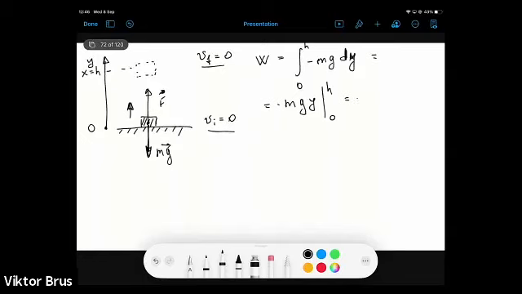So it will be minus mgh minus 0. And eventually we will get minus mgh.